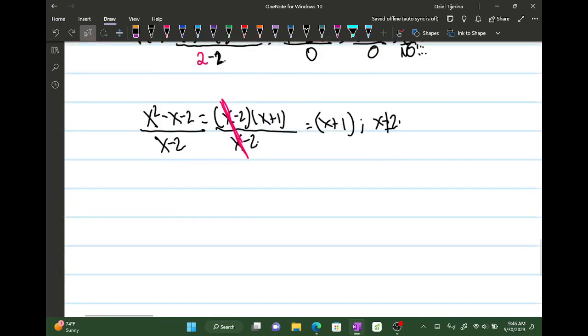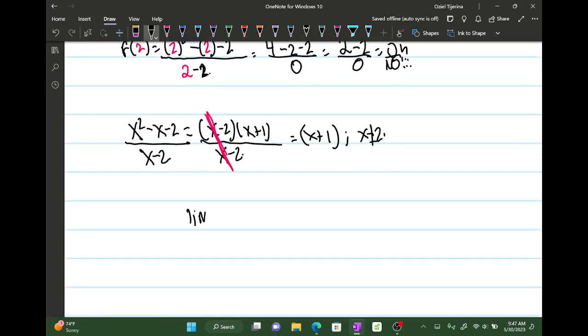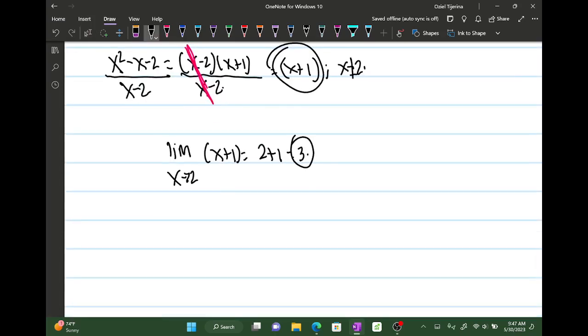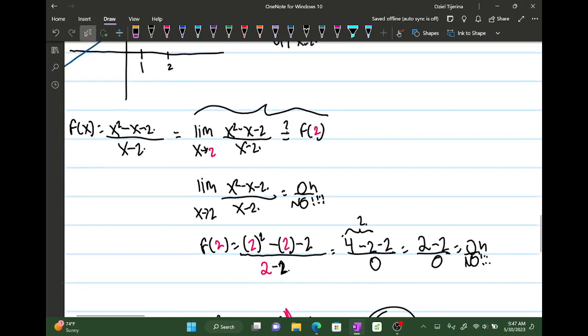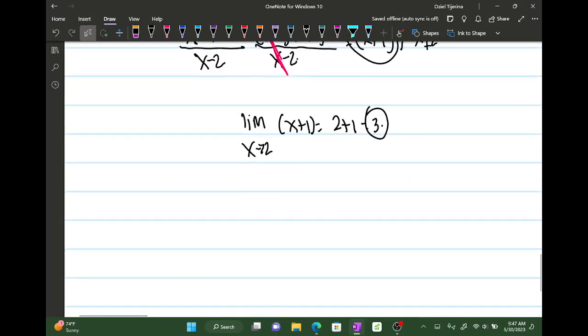And because we know that if we find the limit as x approaches 2 of this, it's just going to be 2 plus 1 by direct substitution, which is 3. But what I want to make very clear is that although the limit does exist, it still doesn't equal f of 2.